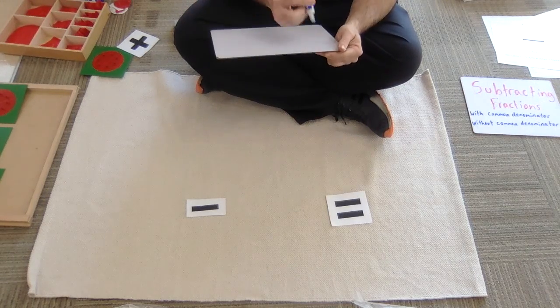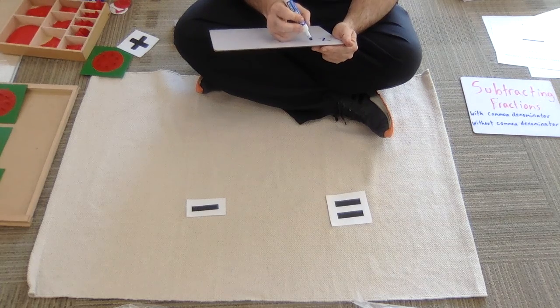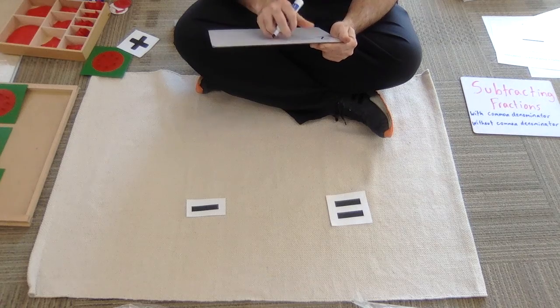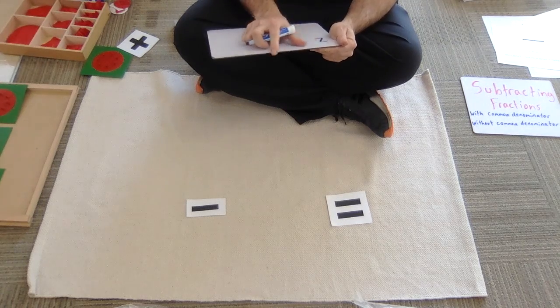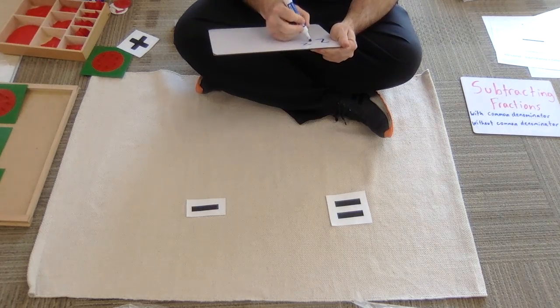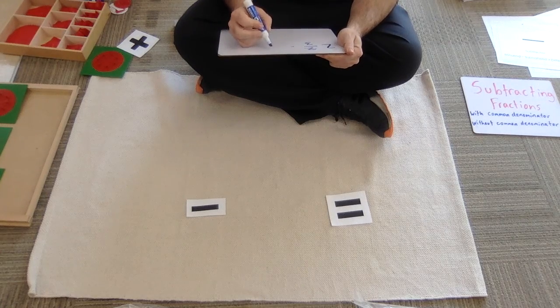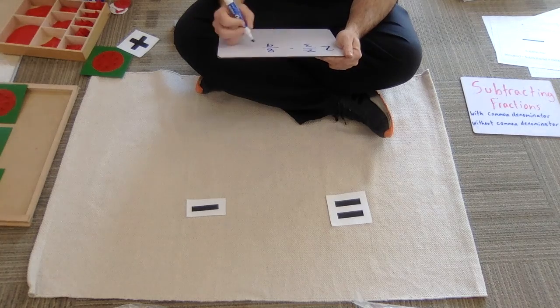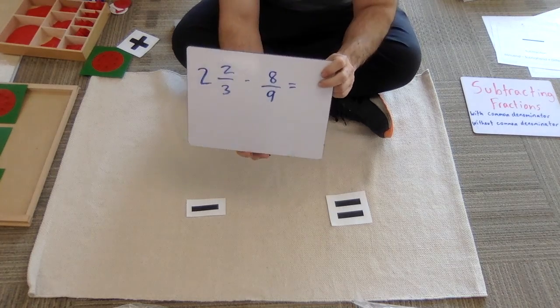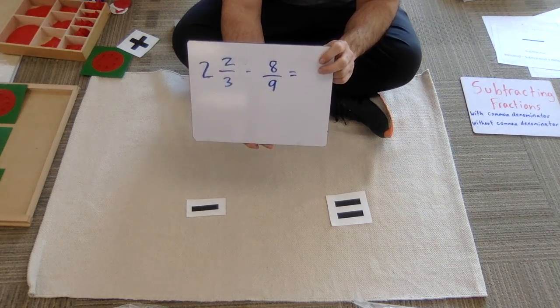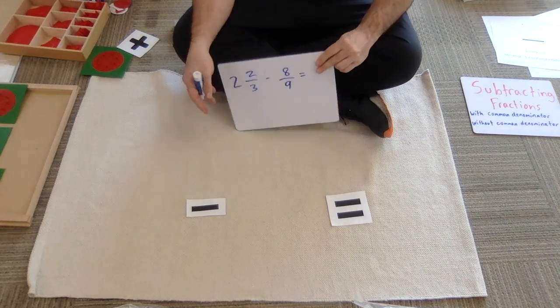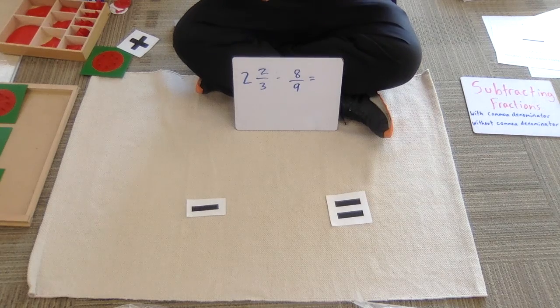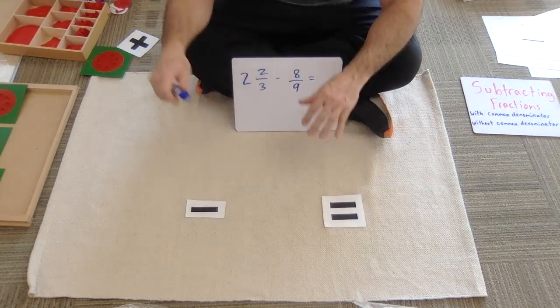Let's do 2 2/3 minus, let's just have some fun, minus 8/9. Let me see what happens here on our last example. This one may get really interesting here. So this one's kind of an adventure, but guess what? If you're not having fun, what are you doing?